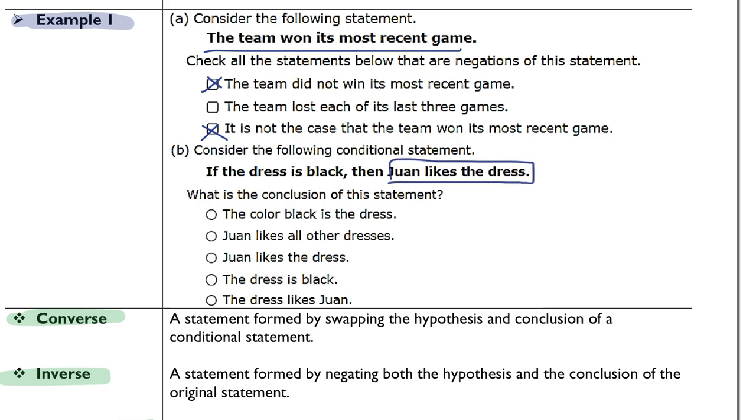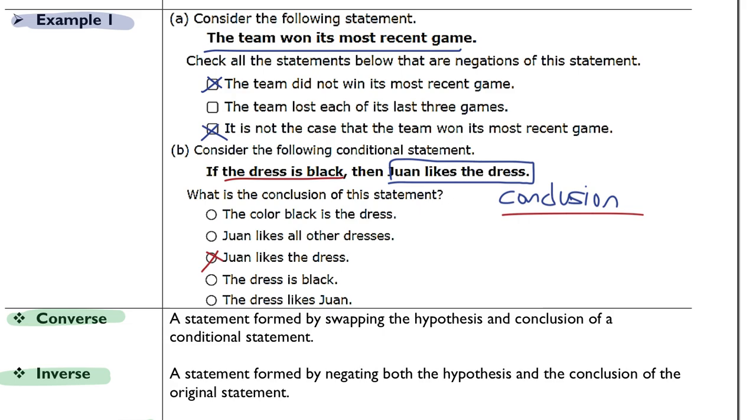This is an if-then statement, a conditional statement. What is the conclusion of this statement? If you think about it, the conclusion is the then part after the if part. We are going to conclude this is true. So if the dress is black, then Juan likes the dress. We can conclude after we know the dress is black that, if that happens, then this is our conclusion overall. So our answer will be: Juan likes the dress.